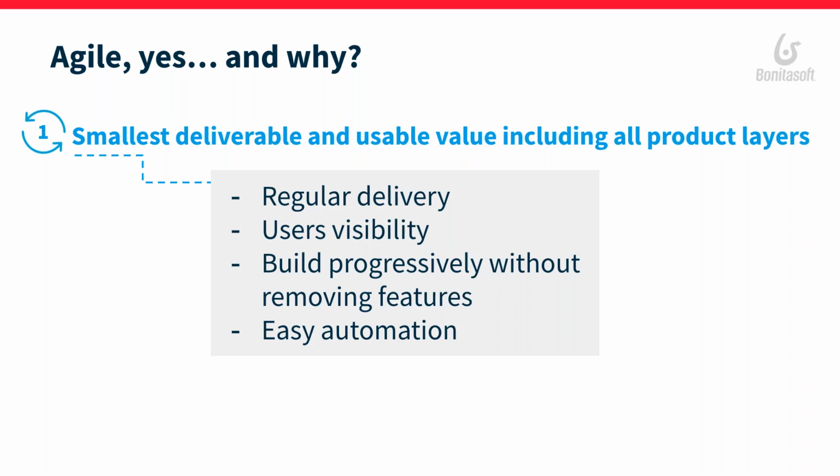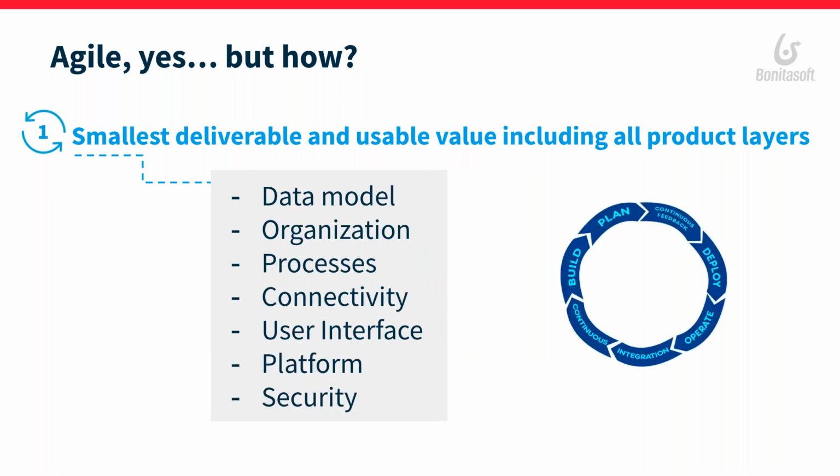That's the way we work, with this smallest deliverable and usable value, including all product layers. And what are those layers? First of all, data model, then the organization, then the processes, the connectivity, the user interface, the platform, and security.